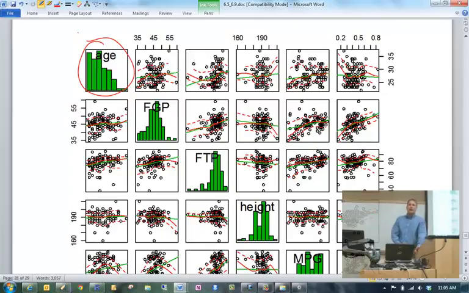The green lines on the scatter plots are from a simple linear regression model, where I use, in this case, field goal percentage to try to predict age. Again, it's more of a graphical tool to help you see relationships. The solid red line that you see on the plots is what's called a smoother. We will talk about smoothers more in Chapter 11. But for now, you can think of this smoother as giving you a little bit more, how should I say?